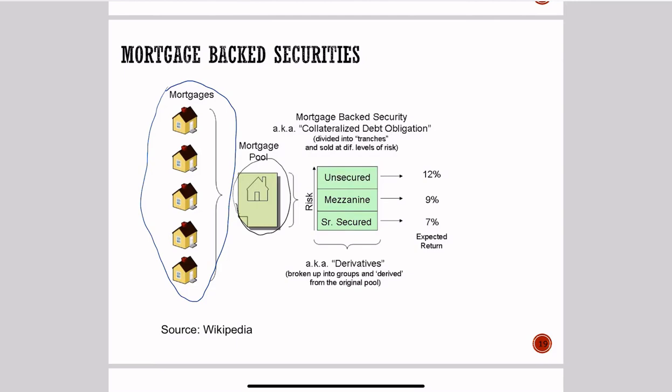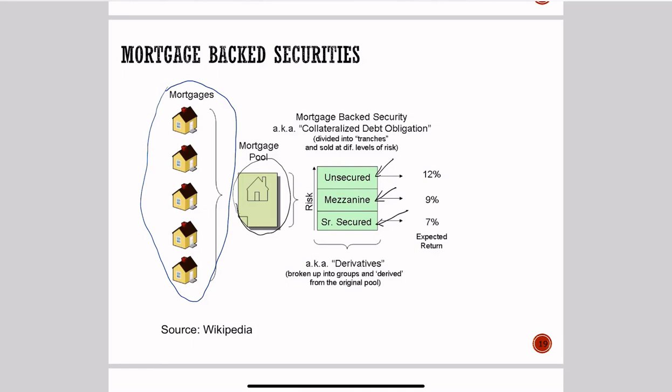And then you actually look at this mortgage pool and you will try to separate or divide this mortgage pool into different parts according to risks. For example, you have this unsecured part, this medium risk part, this secured part.